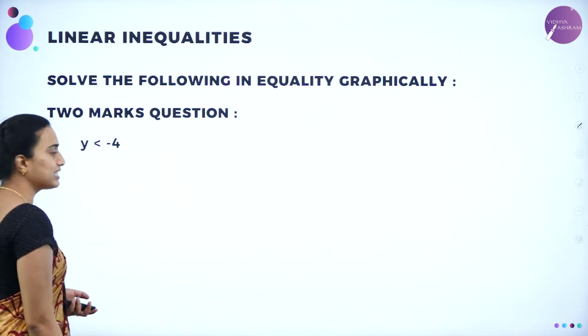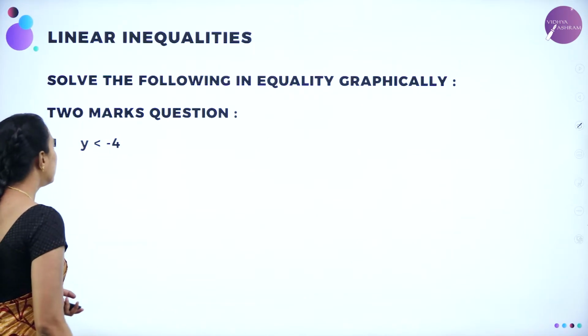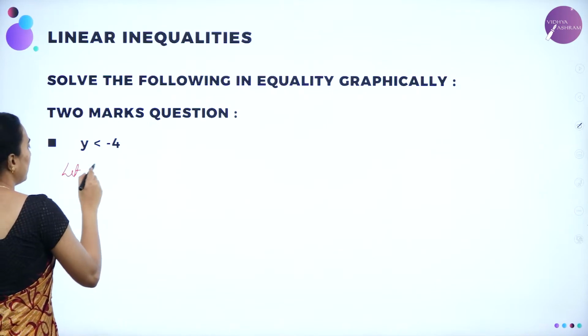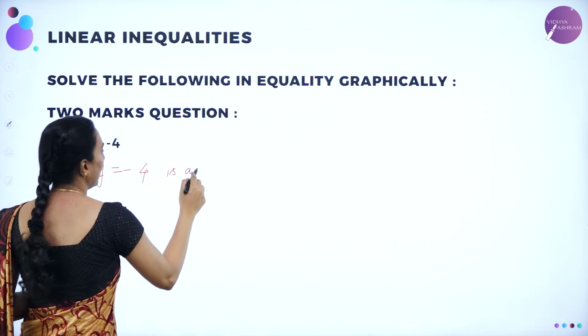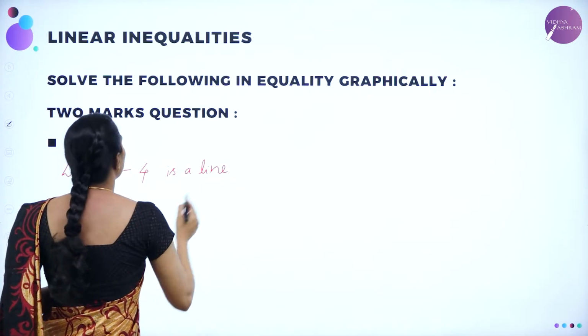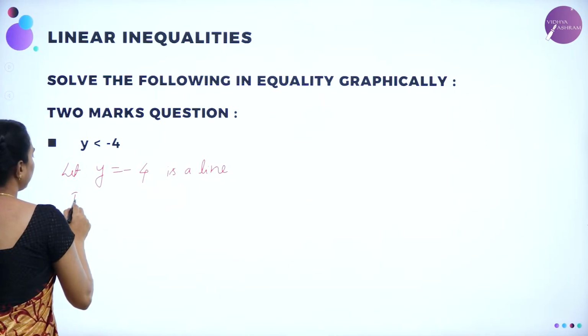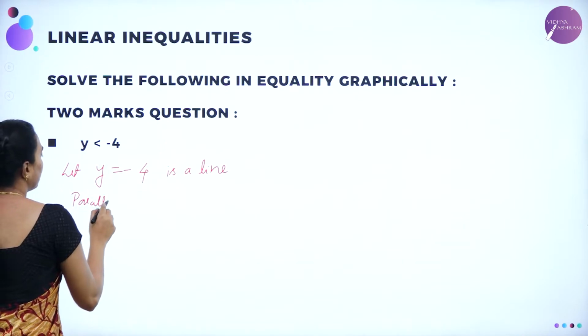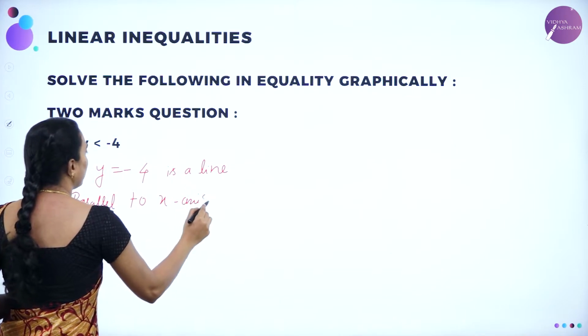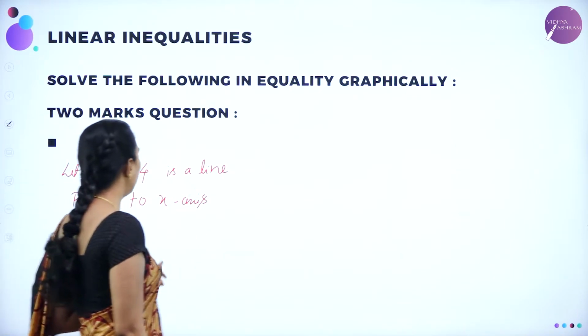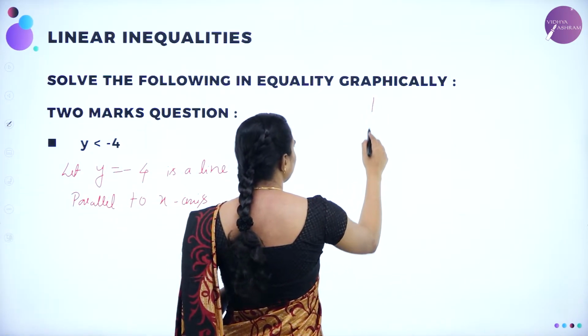They have asked y is lesser than -4. So let me take it as, let y is equal to -4 is a line which is parallel to, what is that? Parallel to the x-axis, isn't it? Now let me draw the line. First, y is equal to -4.